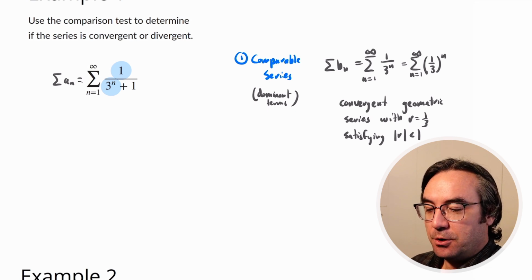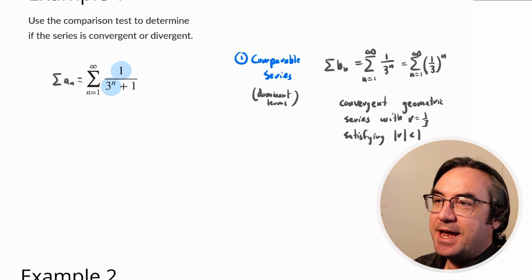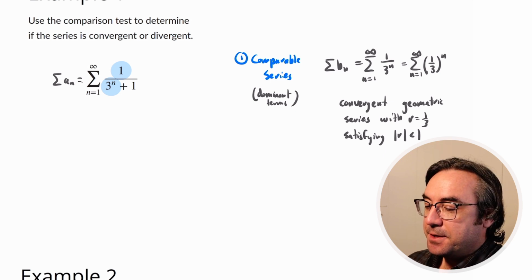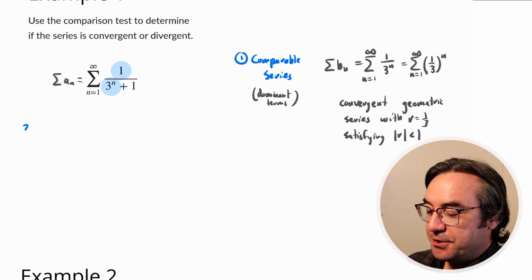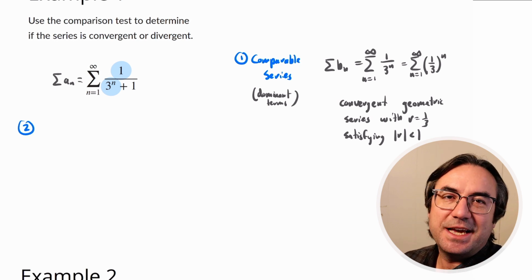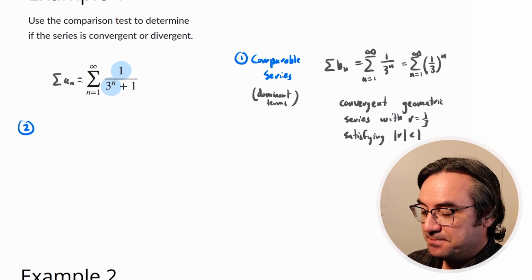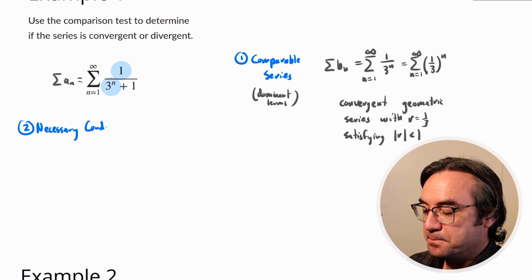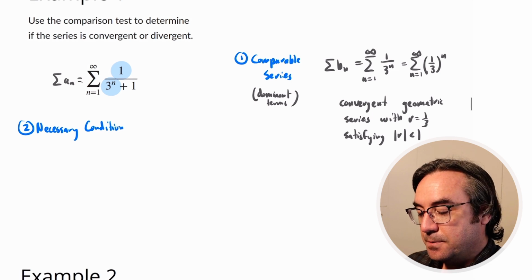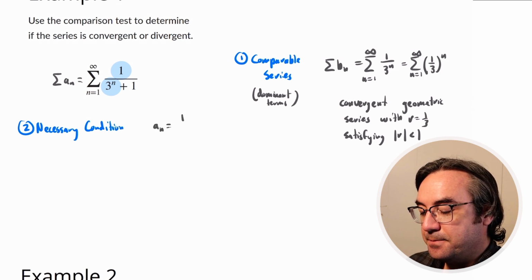Okay, so great. We have our comparable series, and now we have to do a little bit of work. Step 2 is we just have to check, in this case, really just state the necessary condition. So an is 1 over 3 to the n plus 1, and bn, 1 over 3 to the n, are all positive.